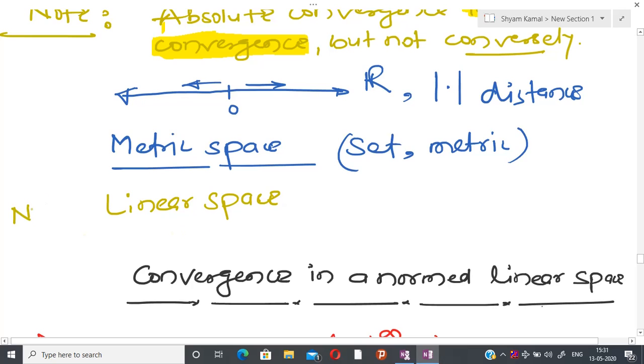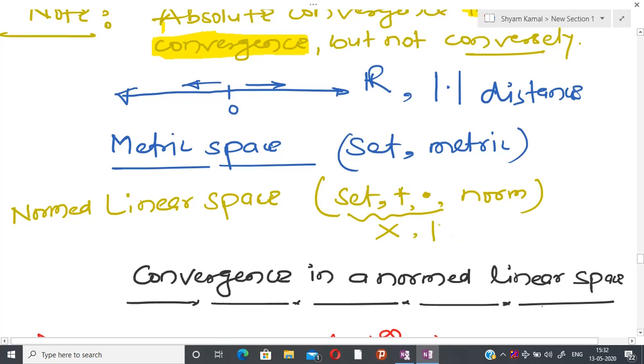That is nothing but a normed linear space. A normed linear space is a set with two operations, and after that the distance I am going to see in terms of a norm. In the previous class we saw that this is a set with two proper operations, that is a linear space, and after that I have the notion of norm, which we denote like this.